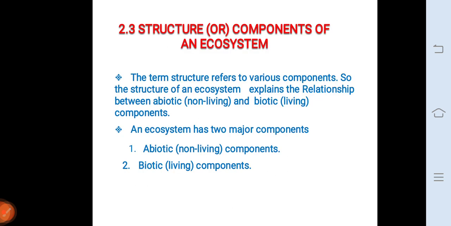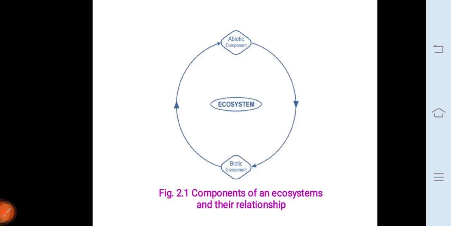The second one is biotic components. Living components are the living organisms in an ecosystem that collectively form its community, called biotic components or the biotic community. Biotic components are also classified into two types: autotrophic components and heterotrophic components.